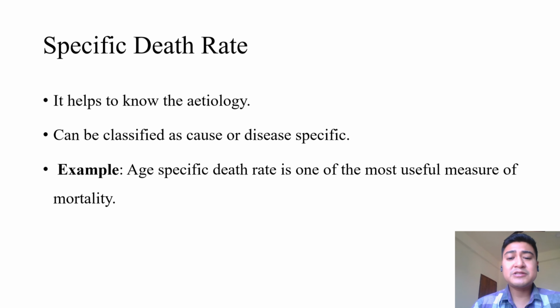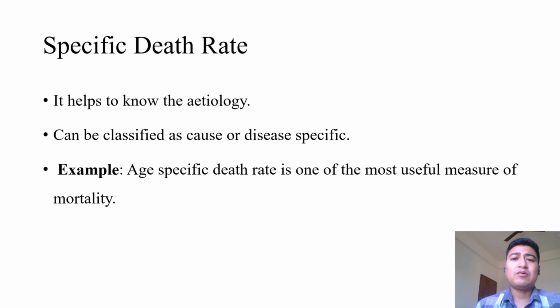Age specific death rate is one of the most useful measures of mortality. Since specific death rate will have a specific reason to it, specific disease, specific etiology, or the specific population involved in a disease, it's a better indicator than the crude death rate, since the denominator here is defined.